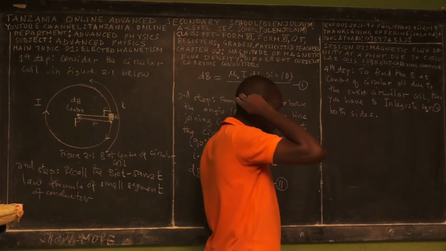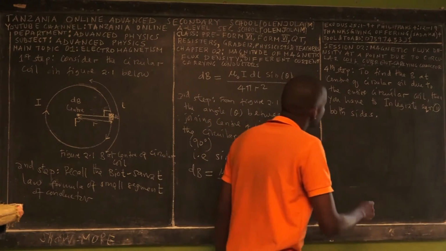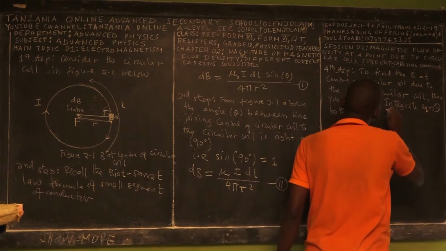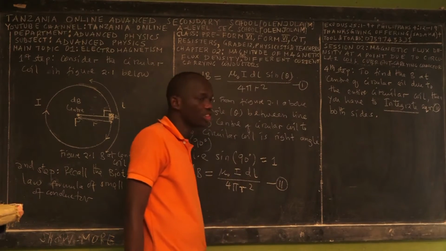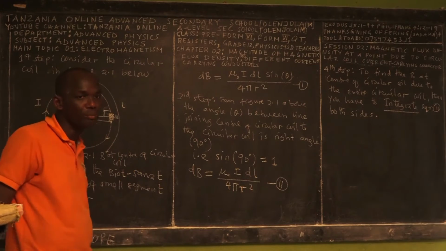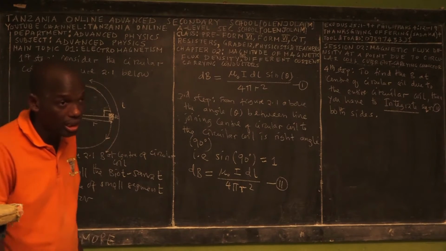Why should I integrate? To find the summation. Find the summations of the magnetic flux lines of the different small segments combined together to form the entire circular coil.